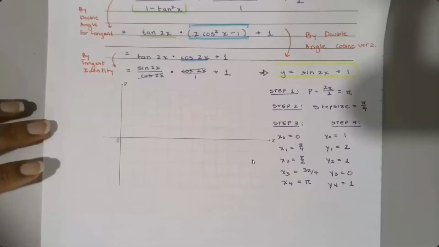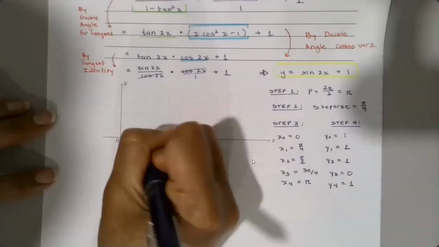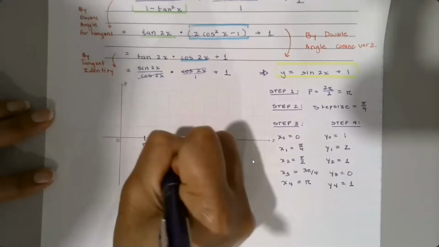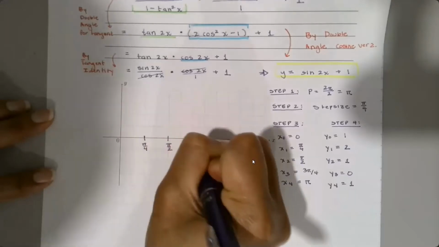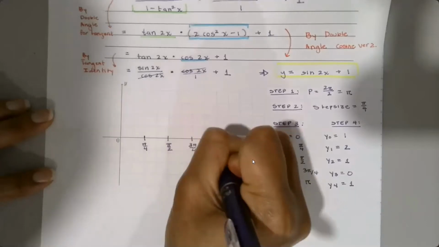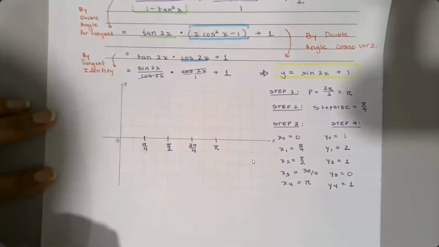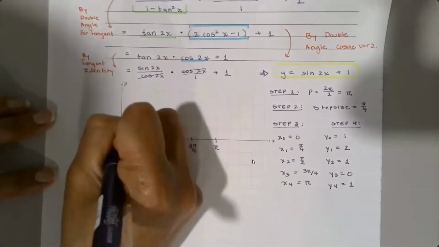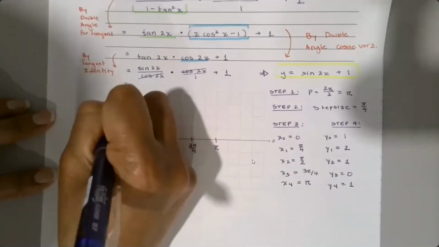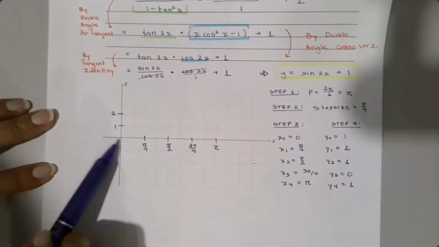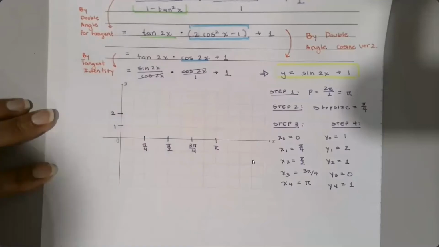All right. So we'll draw the tick marks: pi over 4, pi over 2, 3 pi over 4, and pi. Then in the y direction, we need to label the 1 and the 2. The highest is the 2, lowest is the 0. So we should see the graph oscillating here.